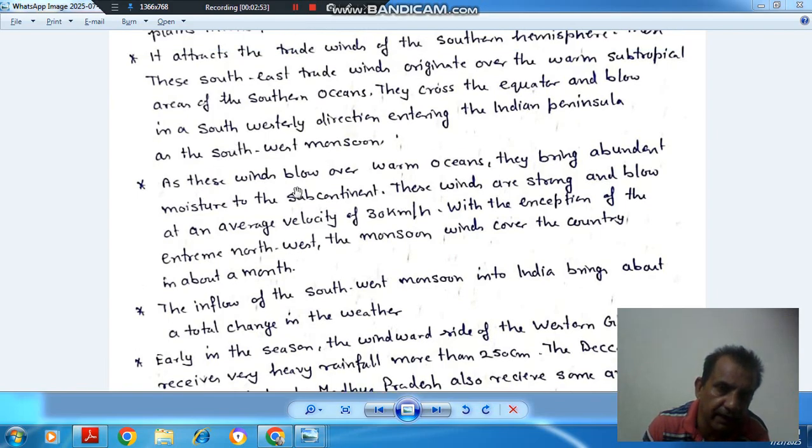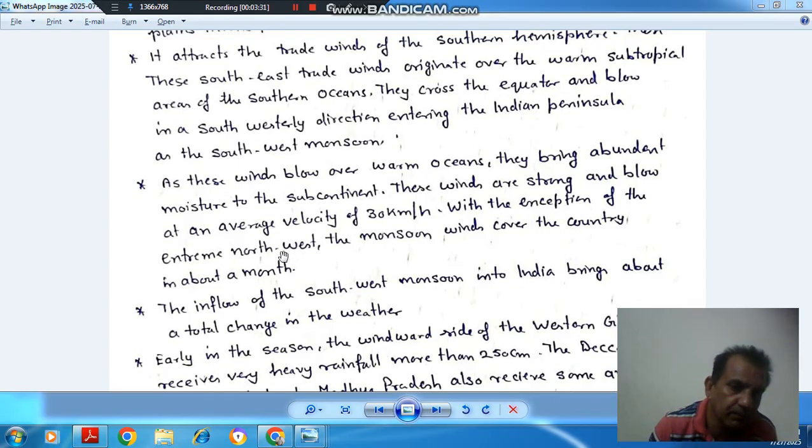Next point is, as these winds blow over the warm ocean, they bring abundant moisture to the subcontinent. These winds are strong and blow at an average velocity of 30 km per hour. With an exception of the extreme northwest, the monsoon winds cover the country in about a month.